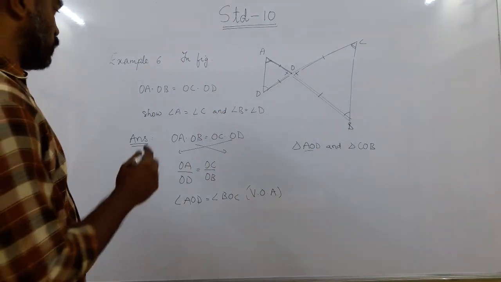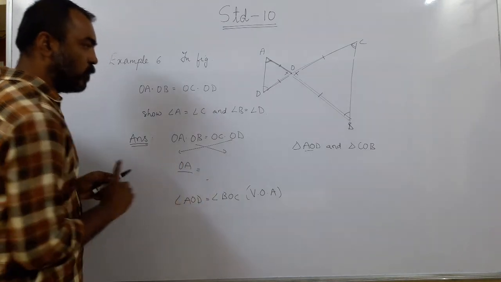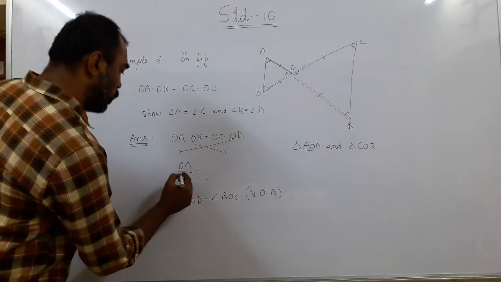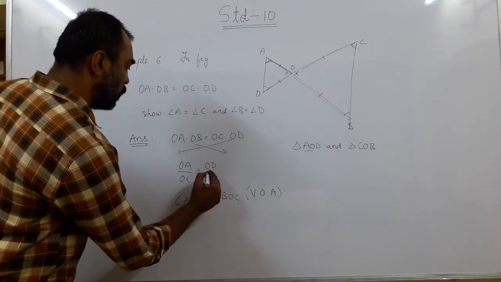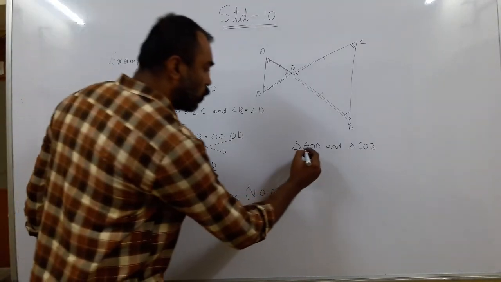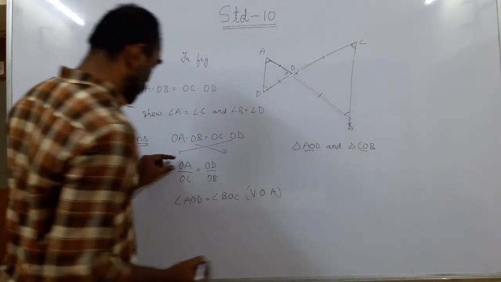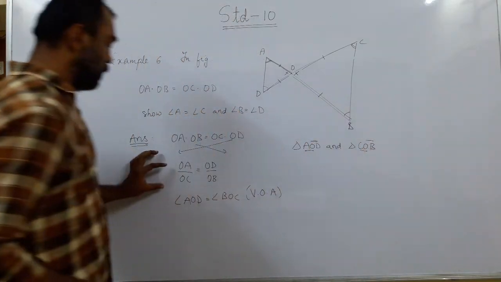I think we have taken the wrong one, so we should not have done this. We should do the other way round. We have to go OA upon OC, the OC should come down, and OD upon OB. Yes, this would be the right one. So OA upon OC equal to OD upon OB.